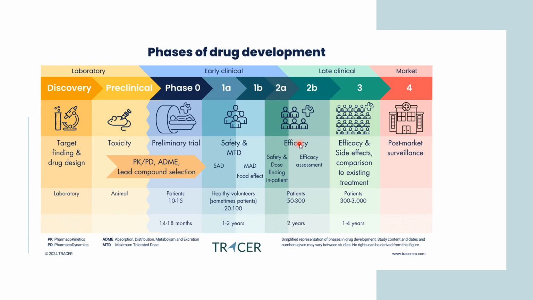As I have already talked about, efficacy is nothing but the efficiency of that particular drug. So how potent is that drug in your targeted area? How is that drug giving a higher response toward that targeted area?